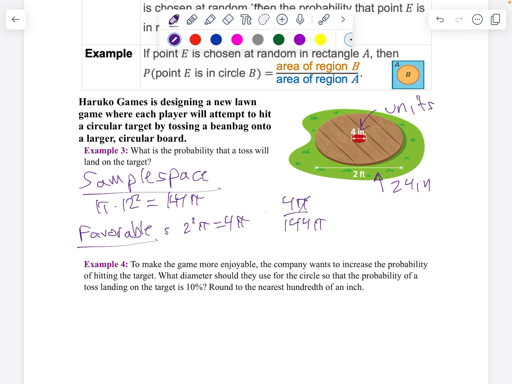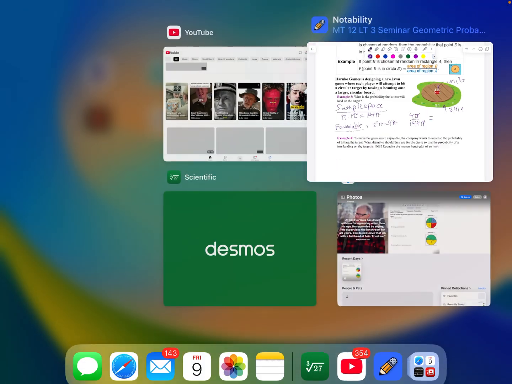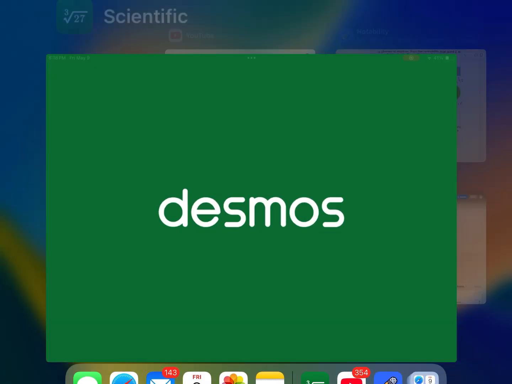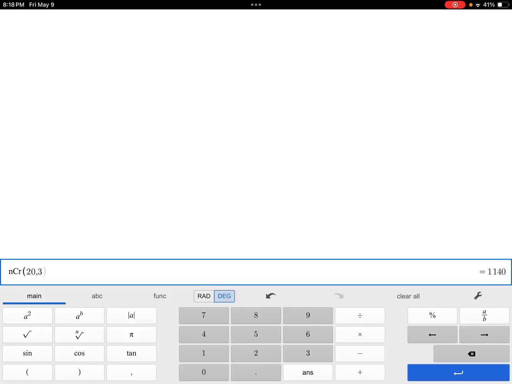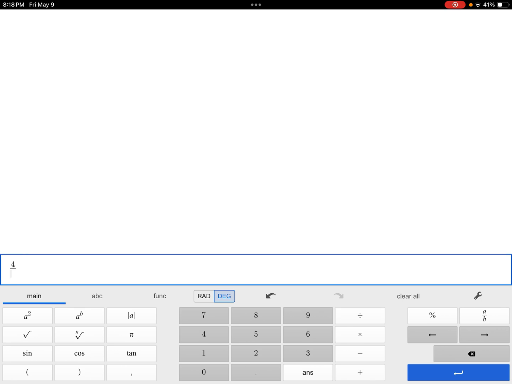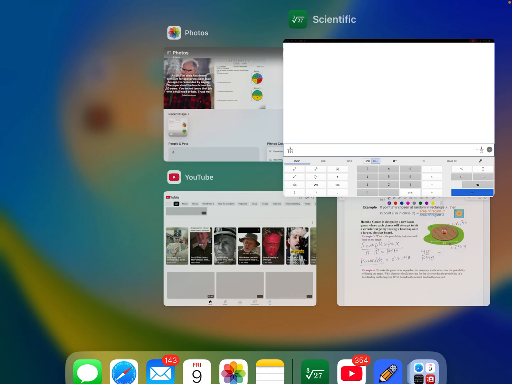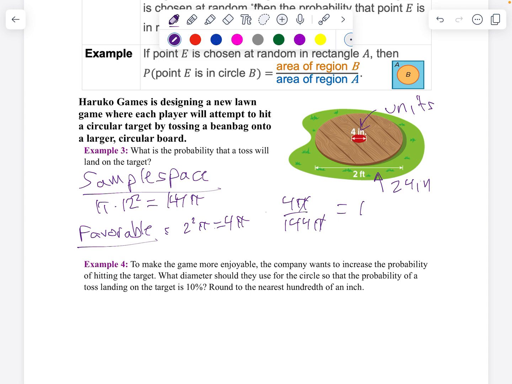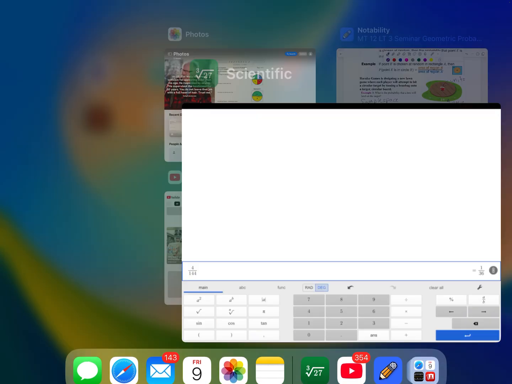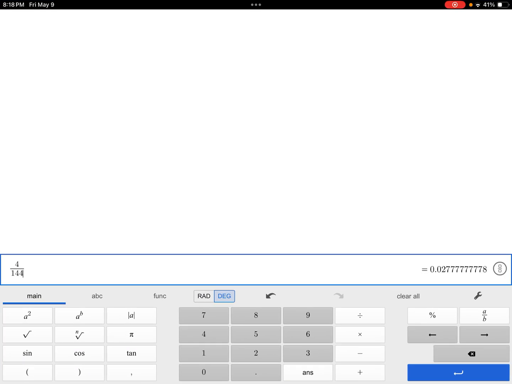And you can see why I didn't multiply those out, because now I got 4 out of 144. As a fraction, that reduces to 1 over 36. And as a decimal, that is going to be 0.027 or 0.028.